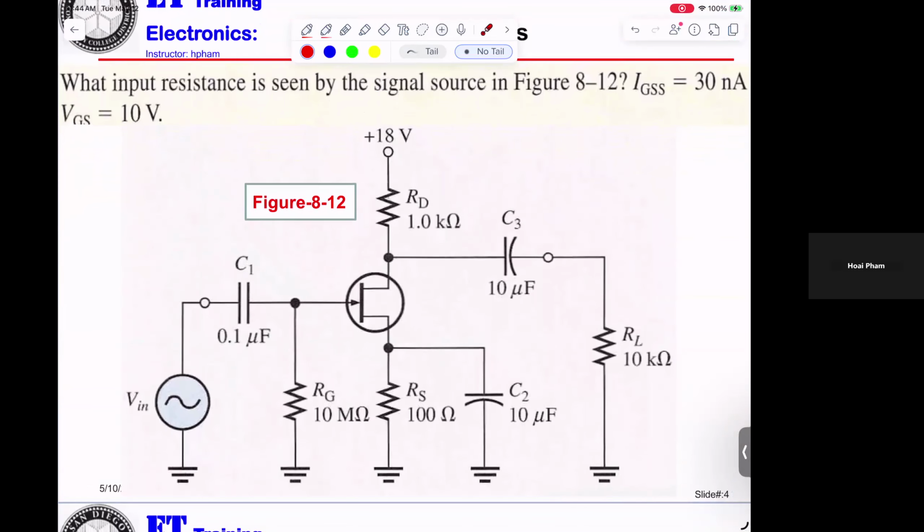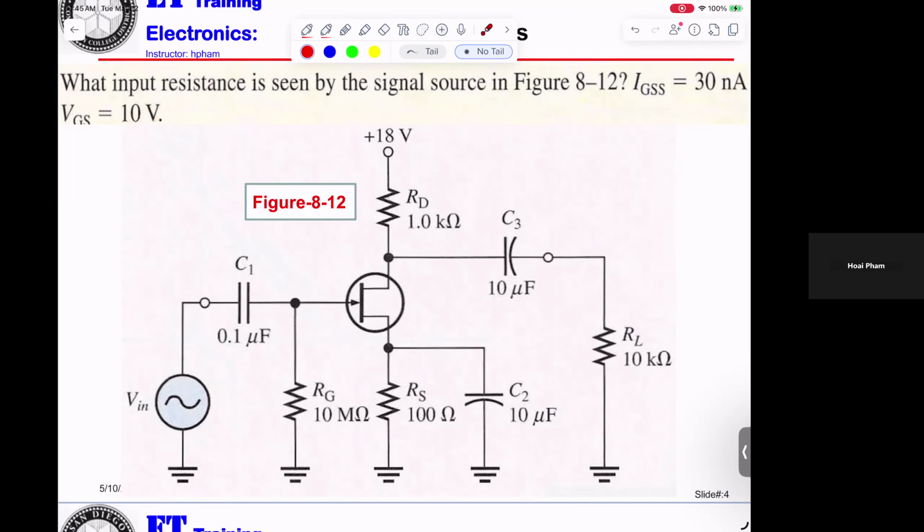Now, what input resistance is seen by the signal source? Okay? In this figure here. IGSS equal 30 nanoamp and VGS equal 10 volt.